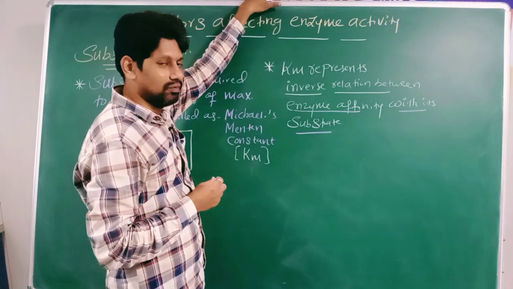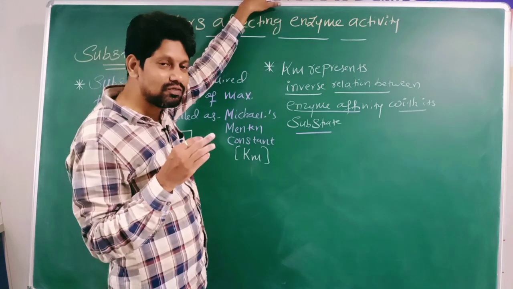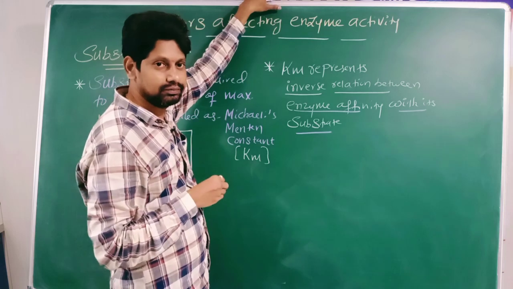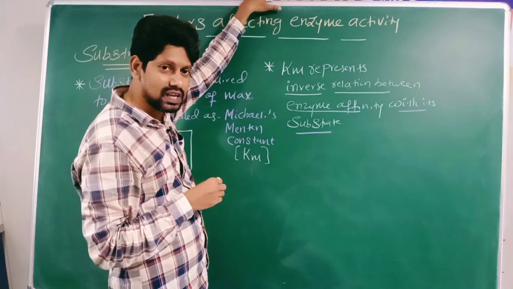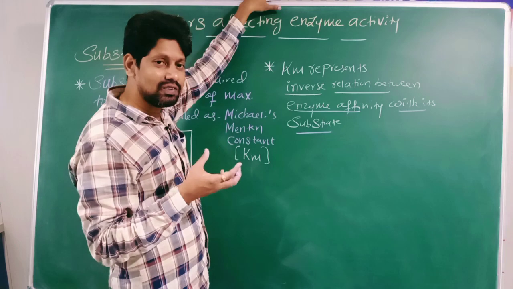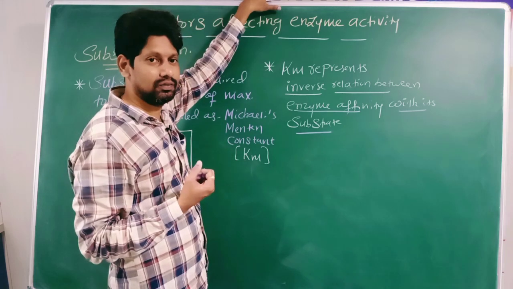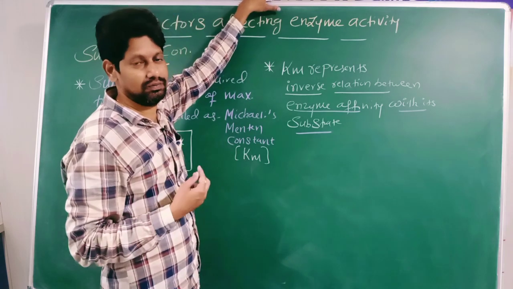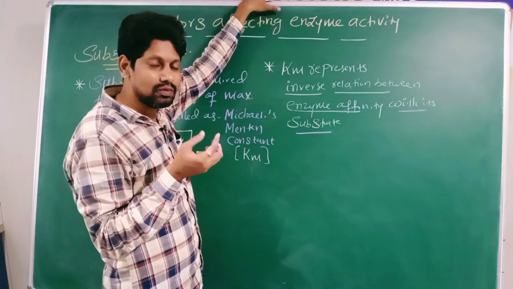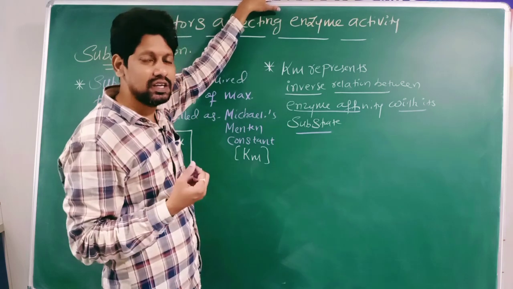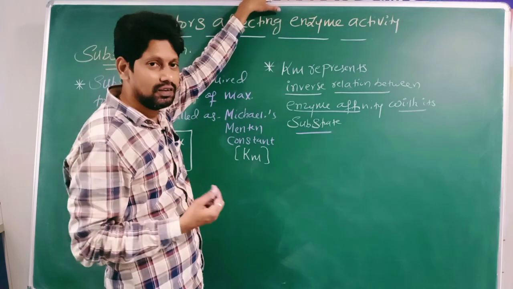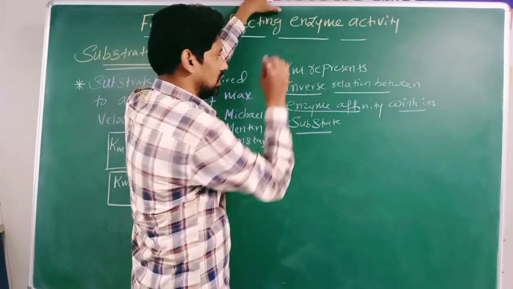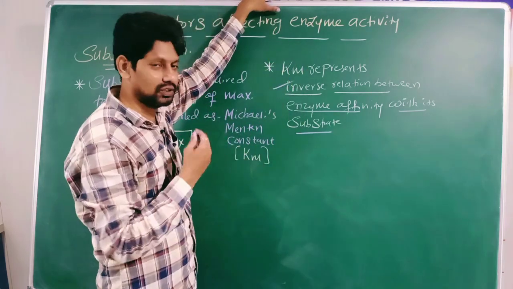It means if the Km value is low, then the enzyme will have more affinity towards the substrate. Inversely proportional, no?